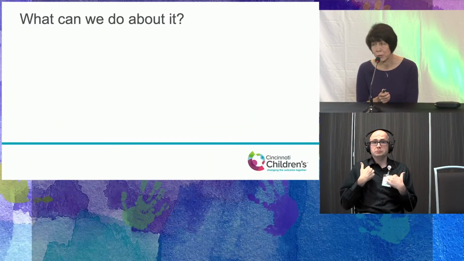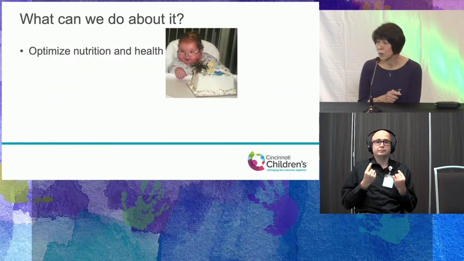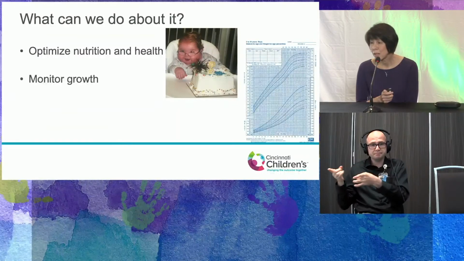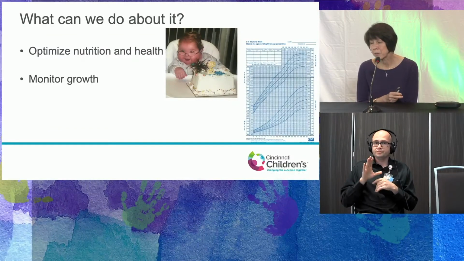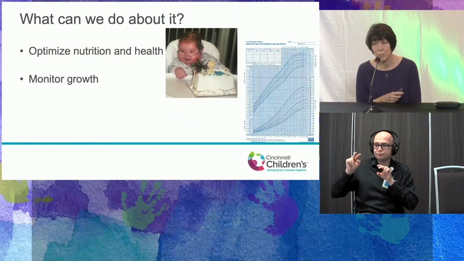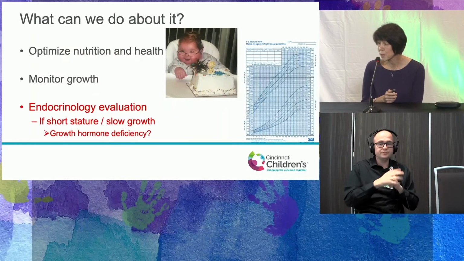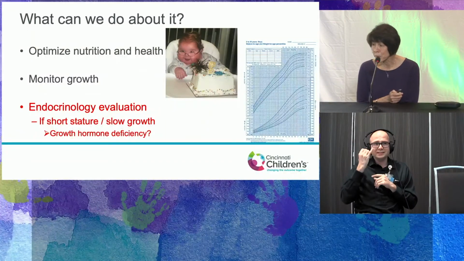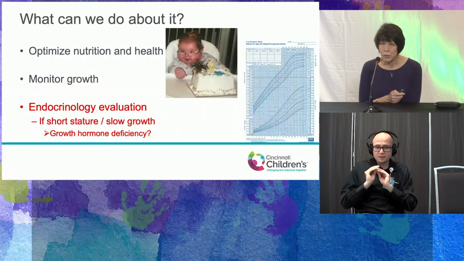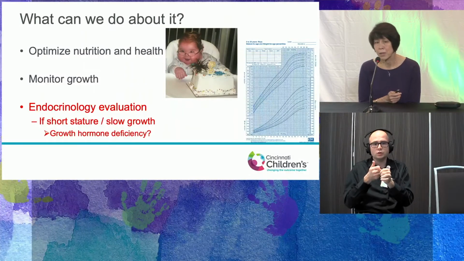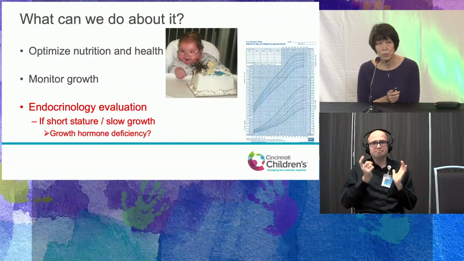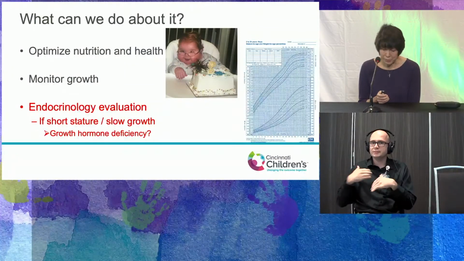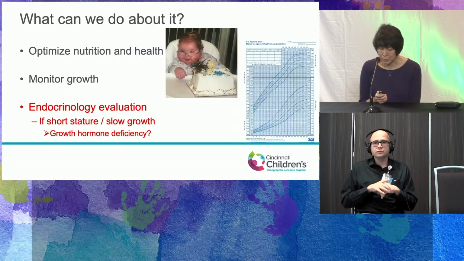So what can we do about it? First of all, we need to optimize nutrition and health and treat the underlying cause. All the way through, it's important to monitor accurately measured height growth, as well as weight growth. If there's no other obvious cause, and if growth is slow or falling away from the growth chart, there may be indication to do further workup to see whether that child might have growth hormone deficiency. And that's where an endocrinologist can come in.